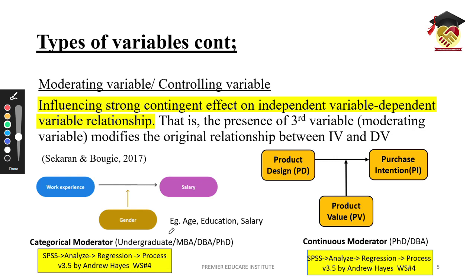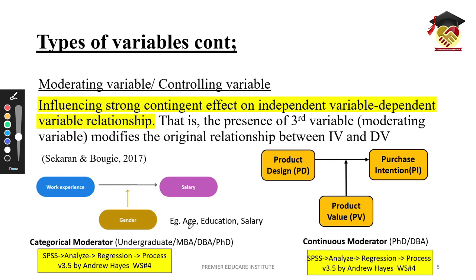So what are the other moderating variables here? Age, education, salary. What do we mean by age? Age can be categorized into 20 to 25, 25 to 30, 30 to 35, 35 to 40, and above 40. Gender can be categorized, officially, into men and women.